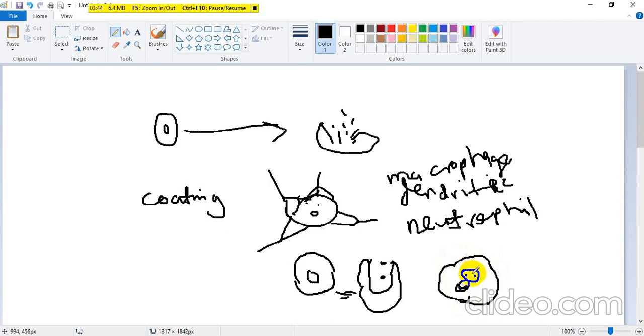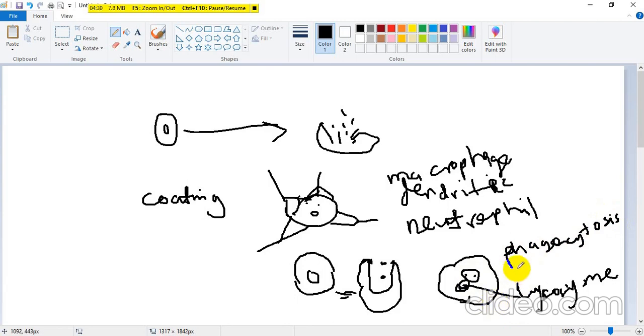Then the lysosome will release its content and kill this organism. So this process of wrapping the cell membrane around the disease-causing organism or pathogen, and producing lysozyme to kill the organism in the vacuole, is called phagocytosis. That is cell eating. It is eating up a cell.